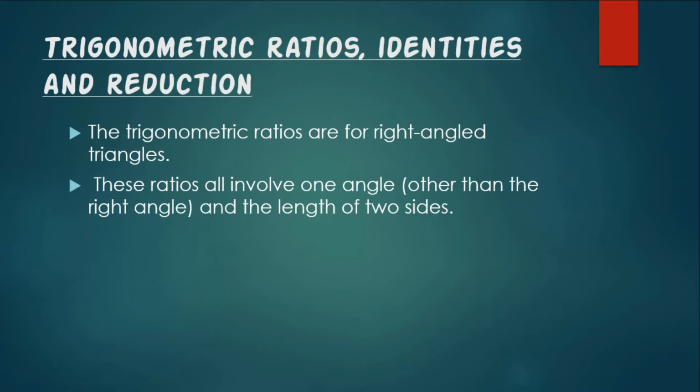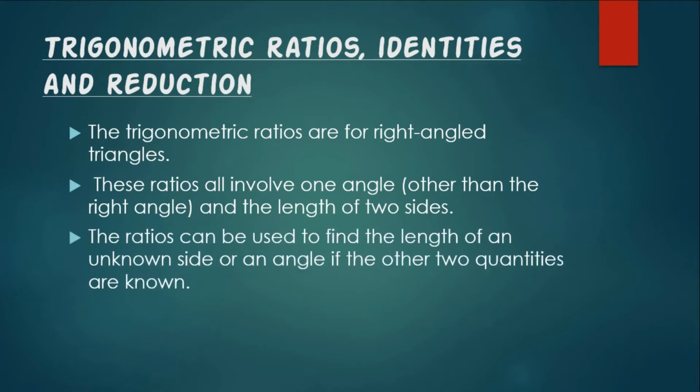Since you are going to deal with the right angle triangle, these ratios all involve one angle, other than the right angle, and the length of two sides. The ratios can be used to find the length of an unknown side or an angle if the other digits are known.